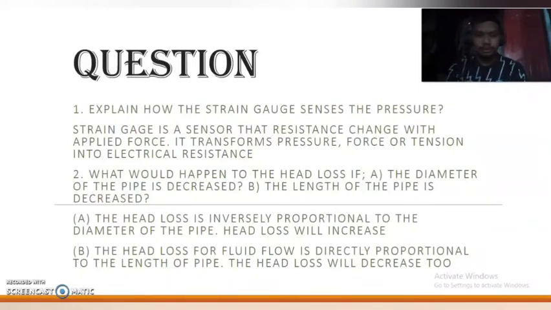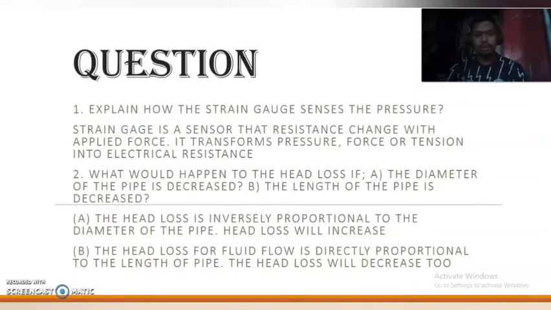So the second question is what will happen to the head loss if, first, the diameter of the pipe is decreased, and second, the length of the pipe is decreased. For the first condition, the head loss is inversely proportional to the diameter of the pipe.